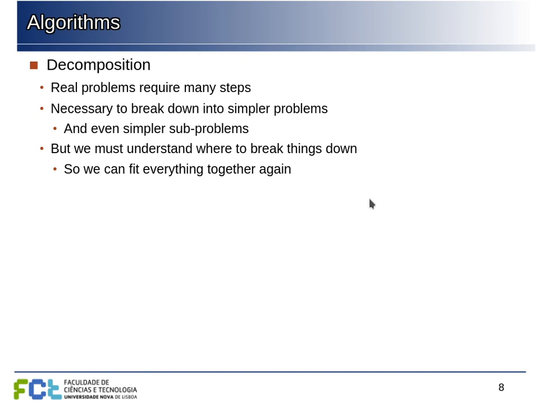This is decomposition, and it's necessary because for any realistic problem, the number of steps and details that we need to specify tend to be too many for us to keep in our minds while, for example, writing the code or trying to figure out how to solve the problem. So in order to be able to do that, we need to break things down into smaller bits, solve those, and then take advantage of those solutions, reuse those solutions, and fit them together to solve the original problem.